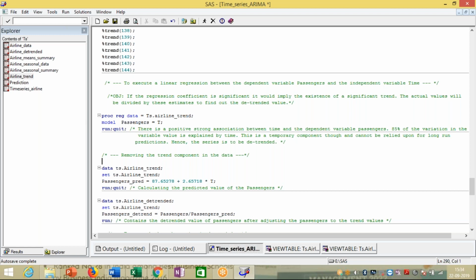So over here, we are doing this regression because from the graphical representation we saw there's a trend. If it had not been there, we wouldn't have done this, right? Even if we see graphically that there is a trend, we need to check whether that is a statistically significant trend or not.